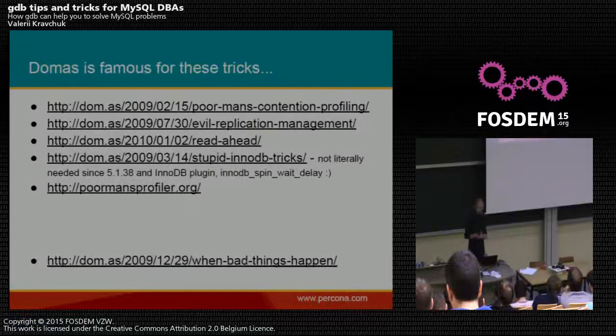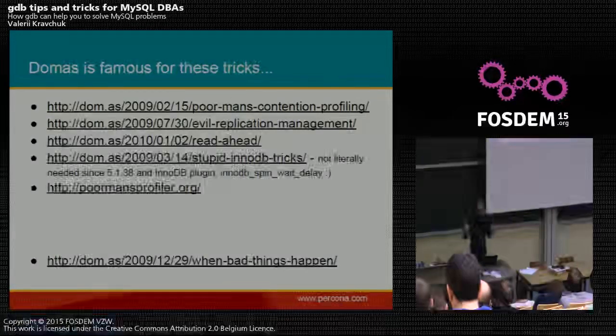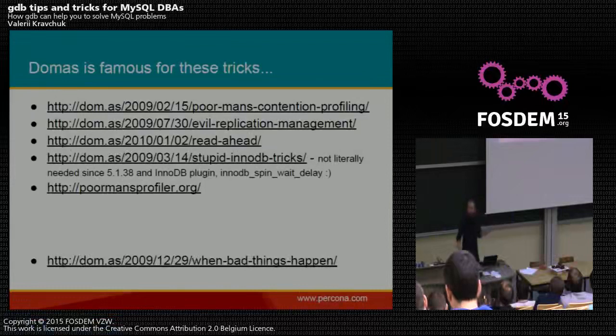You can check these historical references, but check them carefully, because many of them, or even most of them other than Poor Man's Profiler, are outdated, and your real need for GDB depends to a large extent on the version that you use.